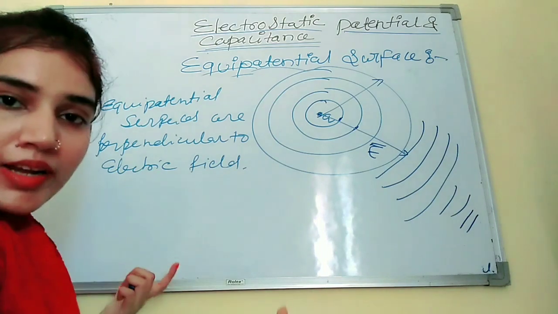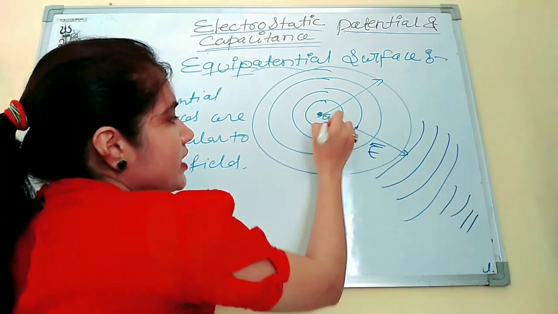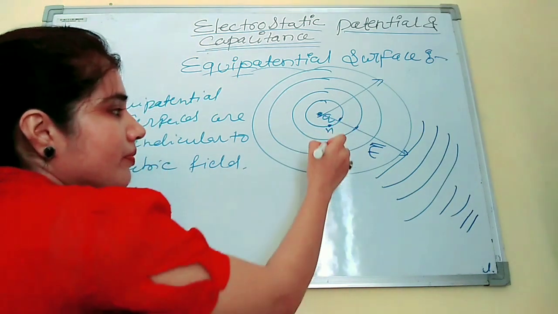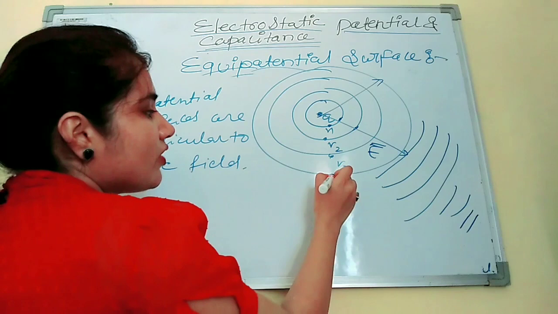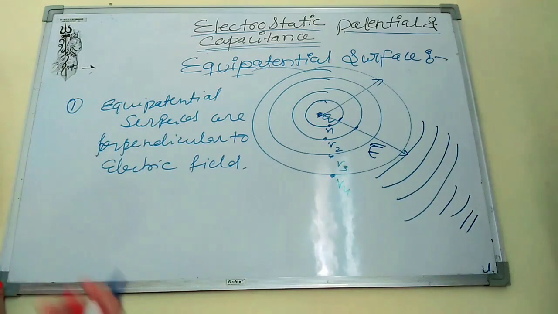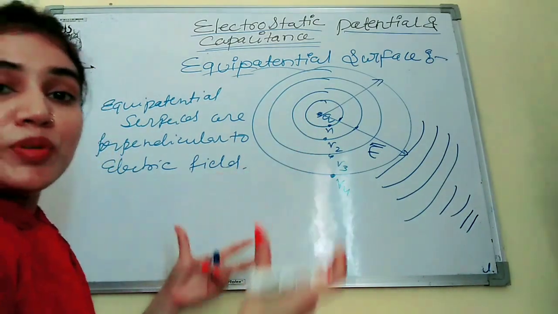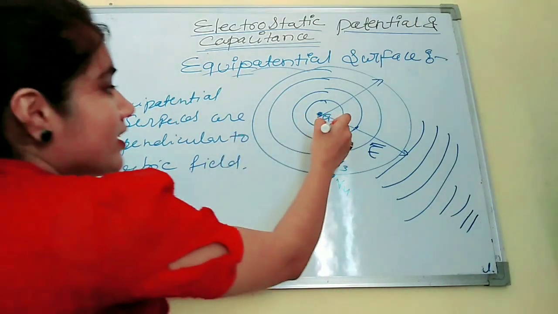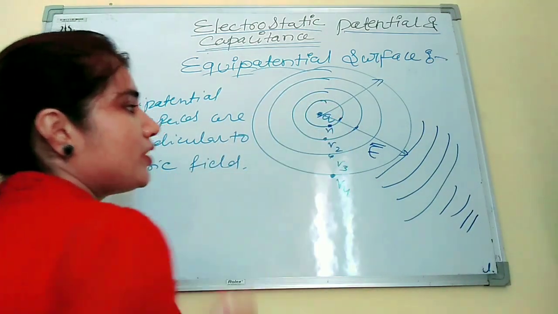or you can say the electric field is perpendicular to the equipotential surface. Both statements are right. Now suppose the potential at this point is V1, at this point is V2, at this point is V3, and at this point is V4. Which point has high potential? This point, which is very near to this Q, has a high potential.